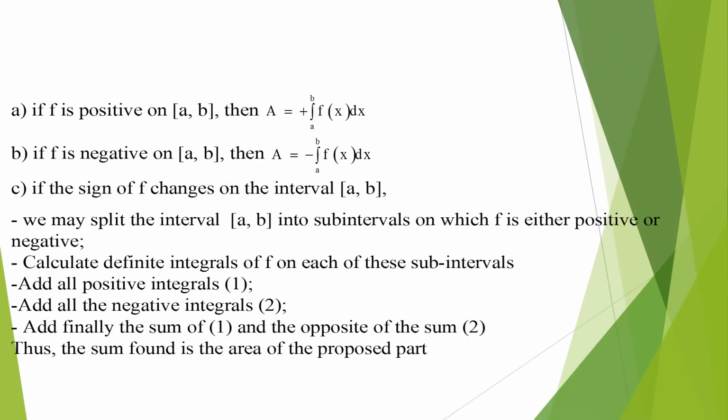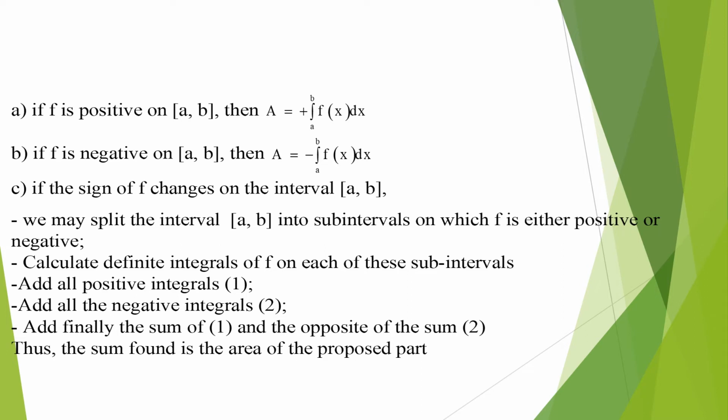If the function changes sign over the interval, we may split the interval into sub-intervals on which f is either positive or negative. So after splitting the interval into sub-intervals, you can calculate the definite integral of each function in a given subinterval. Then when you are done, you add all positive integrals and all negative integrals. But remember, the area which is negative doesn't exist.